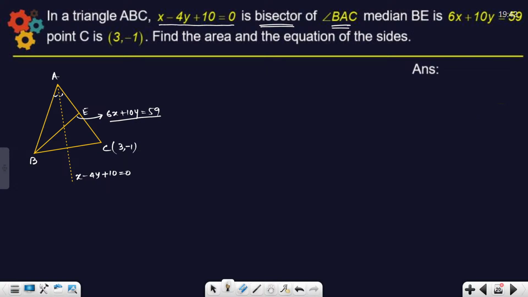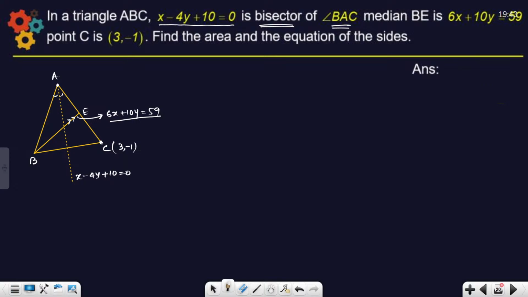So how to do this sum? Now, if somebody is thinking in this way, that since BE is the median, the image of C will be A with respect to the line mirror BE, then you are wrong. Because this is not your angle bisector, nor is this your perpendicular bisector.